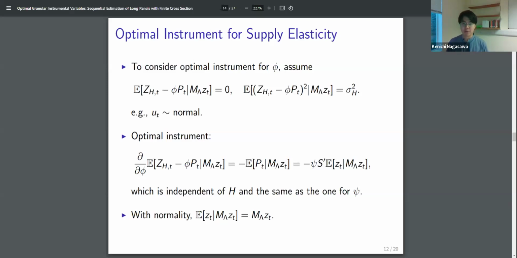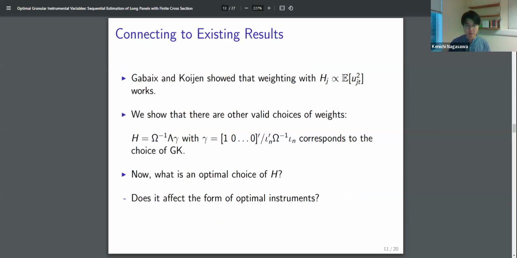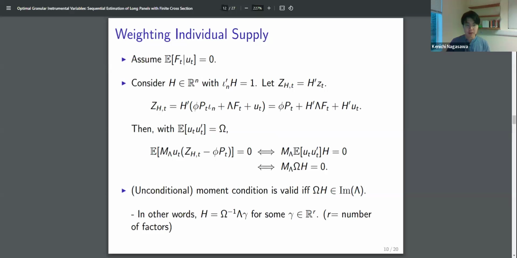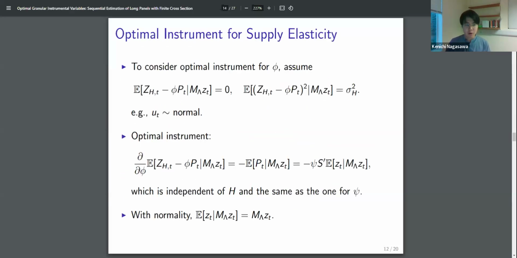And to characterize the optimal instrument, I actually need to strengthen the condition. So before, I talked about the valid H where this unconditional moment is true. But to characterize the optimal instrument, I need conditional moment restriction. So I'm going to assume that this conditional moment restriction is true. So this is stronger than what we had before.